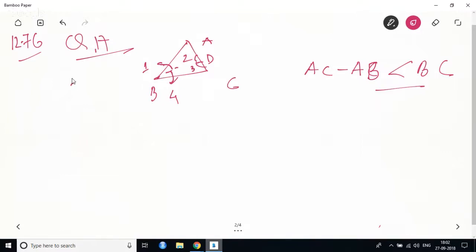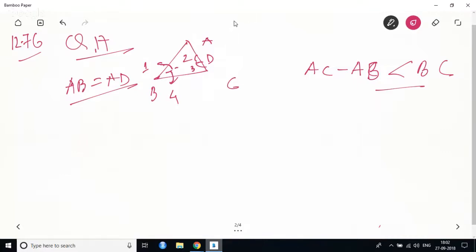Obviously I forgot to write AB equals AD, because I want to create the kind of question we have already done, when we proved the first theorem, that the greater angle has the larger side opposite to it.